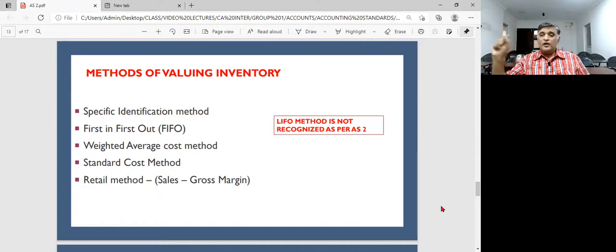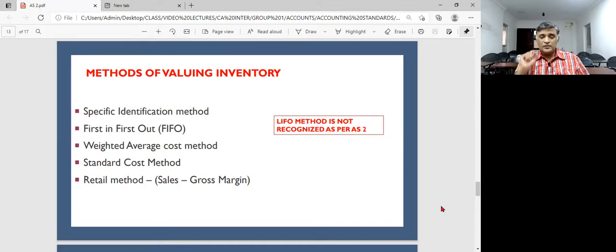For example, if you have 3 lots, at 10, 10.5, and 11, and you're very sure this material I have issued from the 10 rupees lot, this from the 10.5 rupees lot, this from the 11 rupees lot, then that is called the specific identification method.